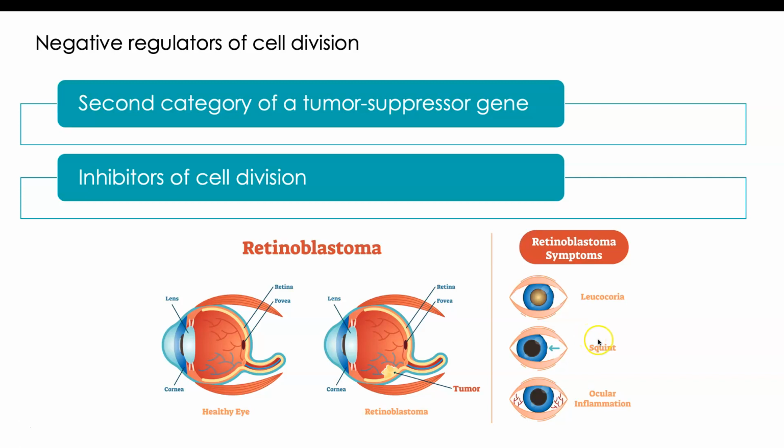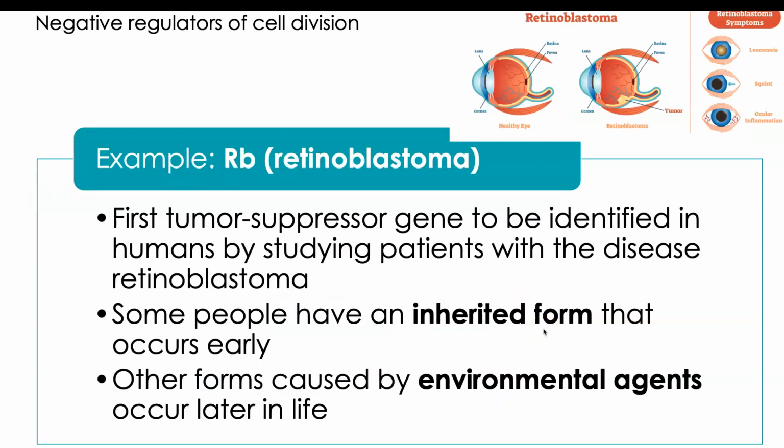If you are experiencing retinoblastoma, you have symptoms like ocular inflammation, squinting to improve vision, and leukocoria, which is kind of like the bright light in the back of the eye that sometimes shows up. RB was the first tumor suppressor gene to be identified in humans, by studying patients with the disease retinoblastoma.